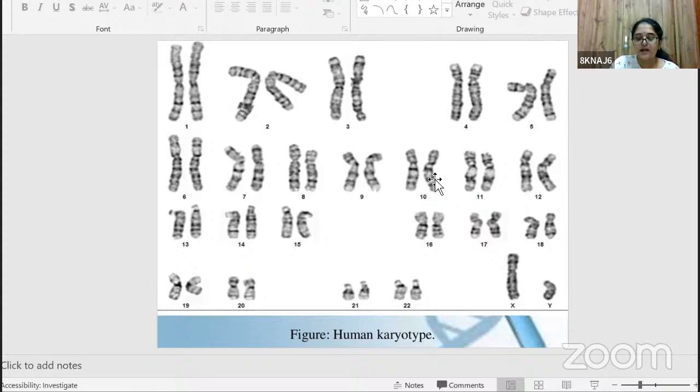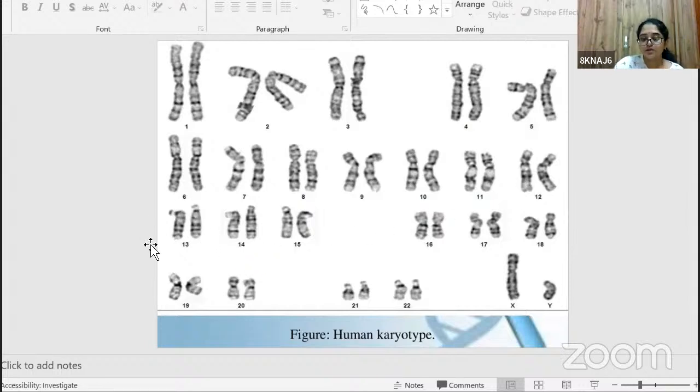The Q arm has a very large light area followed by a dark band. The proximal dark band in the Q arm makes it different from chromosome 9. And you have a thicker clitellum distally near the telomere. Chromosome 12, submetacentric. The P arm has a dark central band. The Q arm has a dark clitellum of numerous bands, and it is distally away from the telomere.